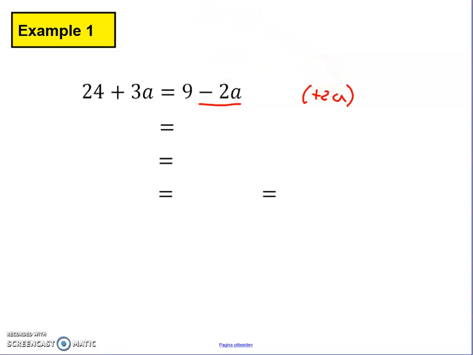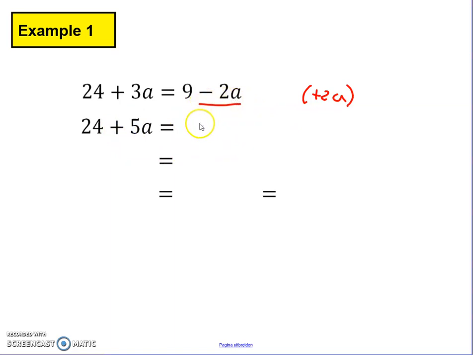And the next step is you're going to look at what happens when I do this. And remember, we do it on both sides of the equal sign. So what happens on the left side when I do plus 2a? Well, this 24 just stays 24. I have already plus 3a, and then I have to do plus 2a. So this will become plus 5a.